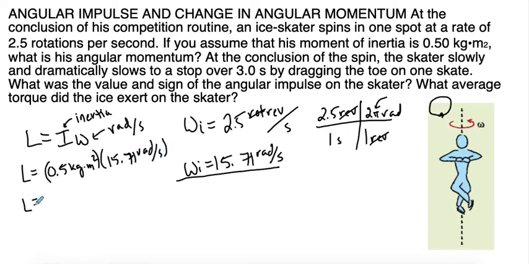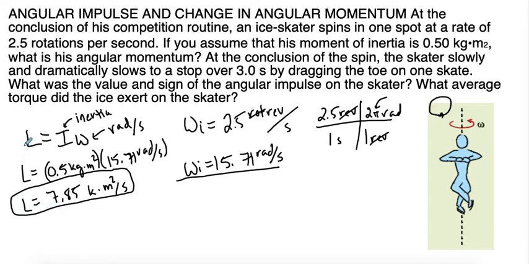So our angular momentum is going to be 7.85 kilograms times meters squared per second. That would be the answer to our first question. Our angular momentum at the beginning of the scenario is 7.85 kilograms times meters squared per second.